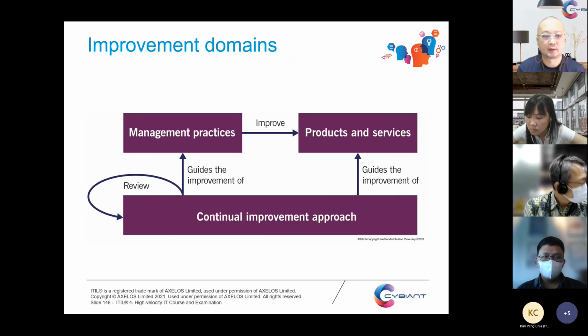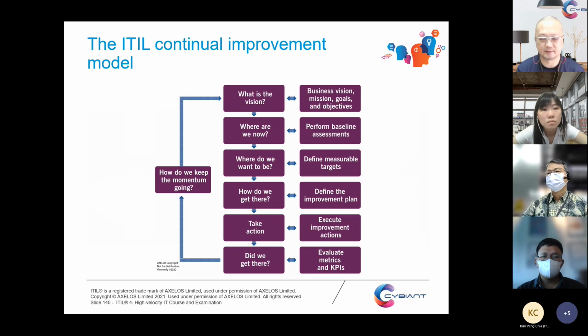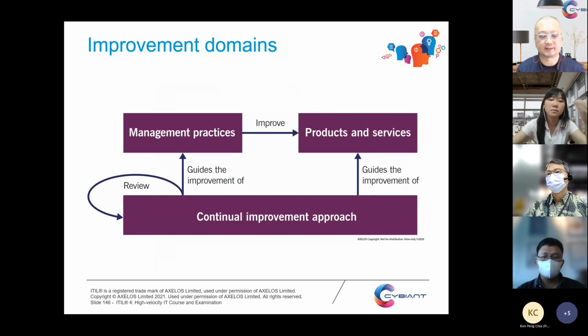Improvement domains. When we talk about improvement domains, we talk about the continual improvement approach, or the model that we spoke about just now in the previous slide, which is this one here. At the bottom there is the continual improvement approach.